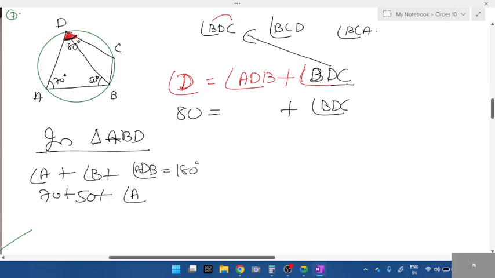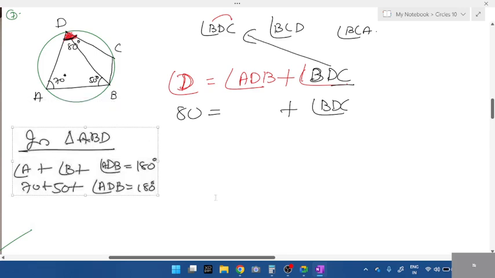The sum should be equal to 180. So angle ADB is equal to 180 minus, what is 70 plus 50? What is 180 minus 120?